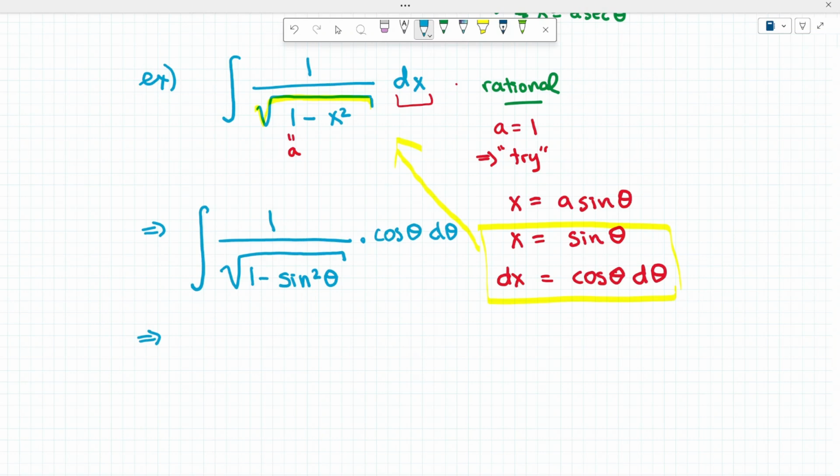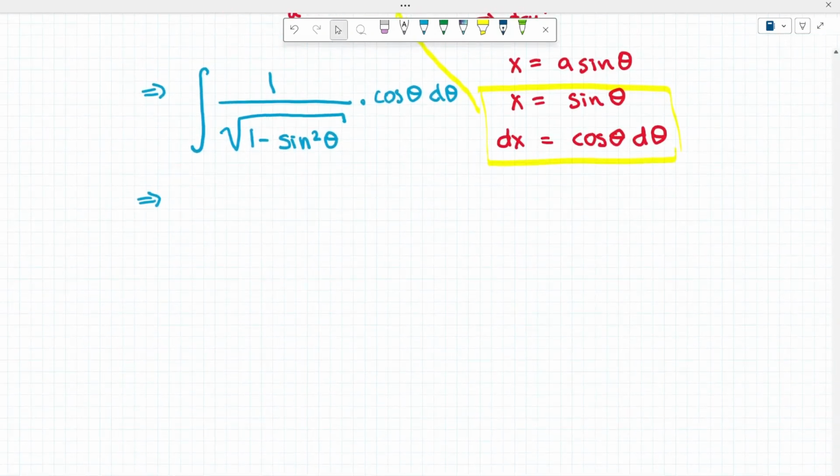Perfect. So now we have to look at what we have underneath our square root. So we have 1 minus sine squared theta. But this is actually an identity that we can use. This is our Pythagorean identity. So recall that cos squared theta plus sine squared theta equals 1.